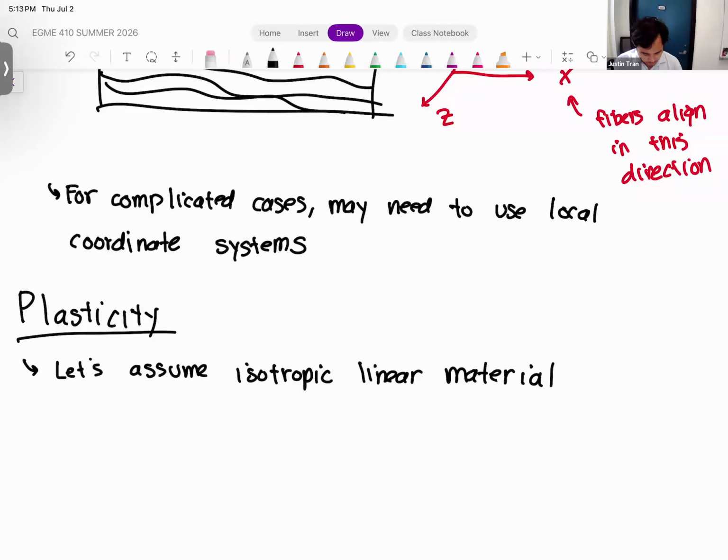For most jobs that we're going to run in this class, an isotropic linear material is perfectly adequate to get the results that you need.